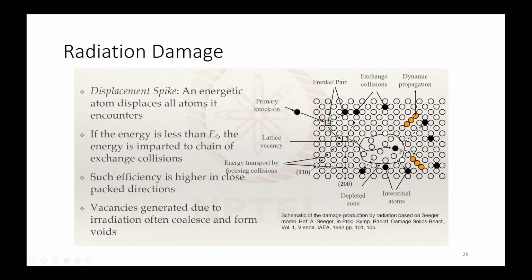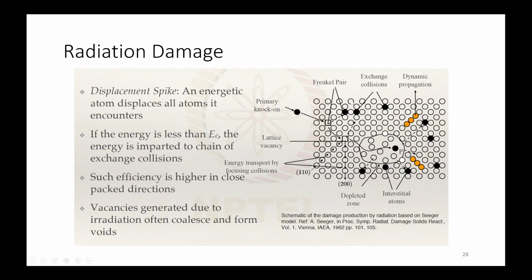Such efficiency is higher in close packed directions, and vacancies generated due to irradiation often coalesce and form voids. These are various types of effects that can occur if we subject our material to radiation.